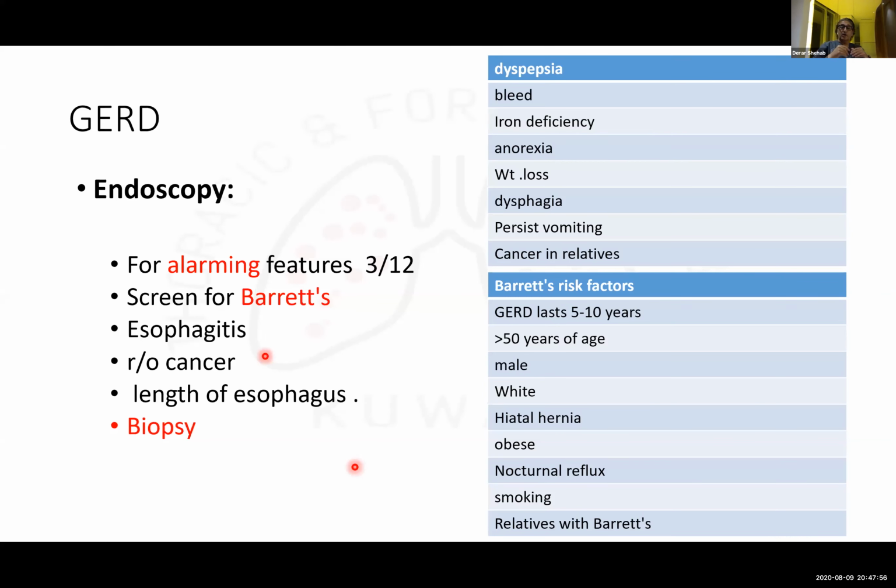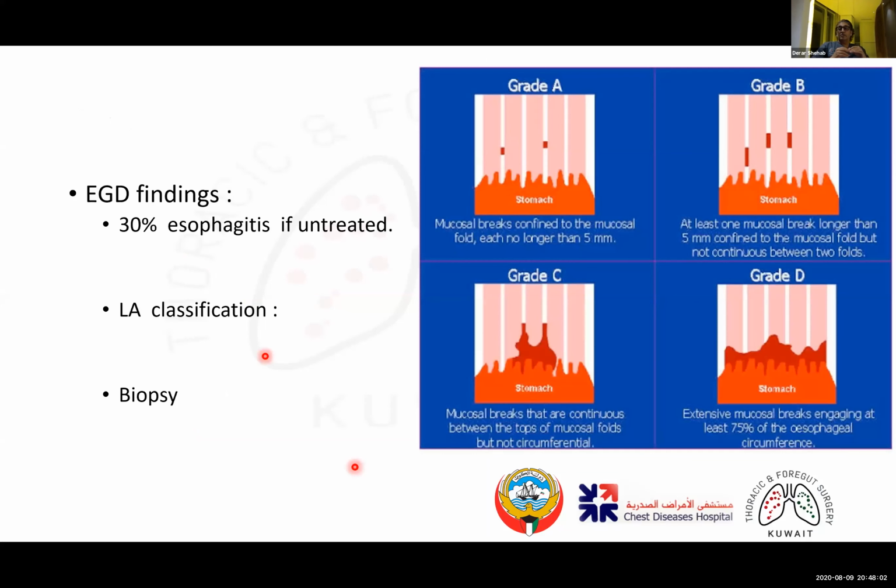Biopsy is very important. Now, if you did your endoscopy and you encountered esophagitis, then with endoscopy we can basically grade the esophagitis by using the LA classification, which is a grading system by endoscopy, ranging from very small, less than 5 millimeter non-communicating ulcers to the maximum, which is grade D, in which more than 75% of the circumference of the esophagus is ulcerated, and most of the ulcers are communicating at the top.